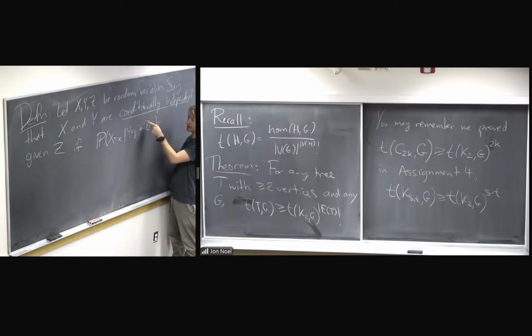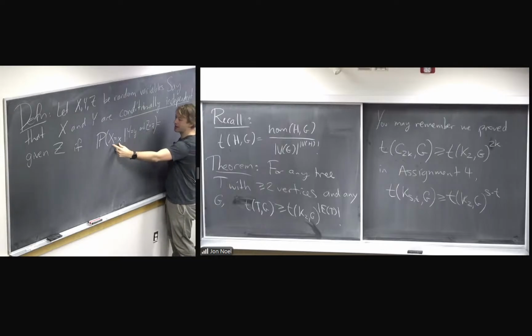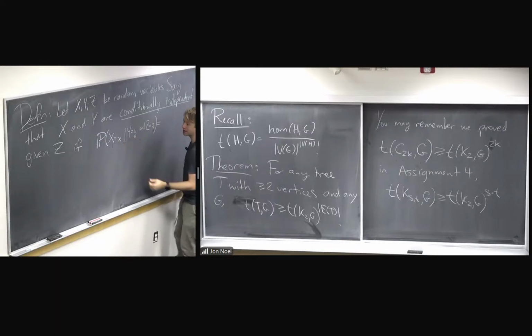In the presence of the outcome of Z, X and Y are independent, which means the probability that X equals x given Y equals y is just the probability that X equals x. So basically we can remove this Y equals y condition. In the presence of this information, X and Y are independent of each other.